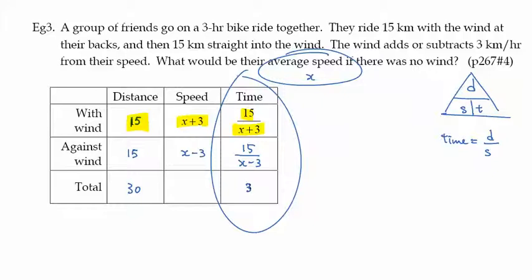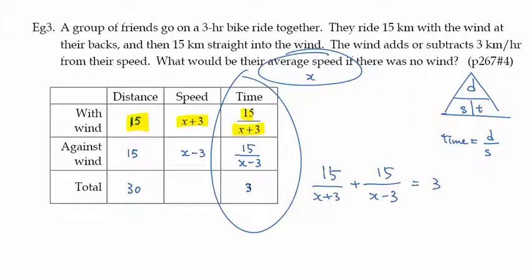How do you bring these together and form your equation? Yeah, add the two together, and the total time will be 3 hours. So here is your equation. Once you add them together, here is your total time.